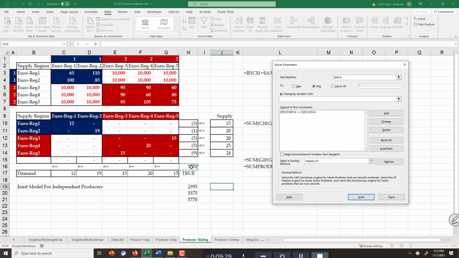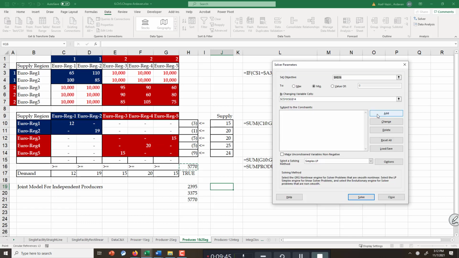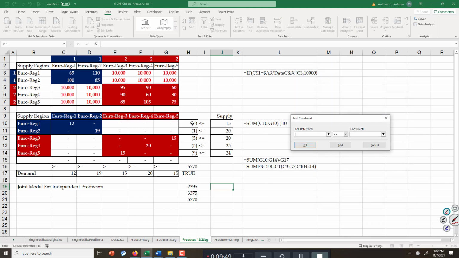Data solver, objective function by changing these variables under the constraints of add this one and this one and this one and this one by one should be less than or equal to 0. Add this one and this one and this one and this one should be 1 by 1 greater than or equal to 0. Okay.